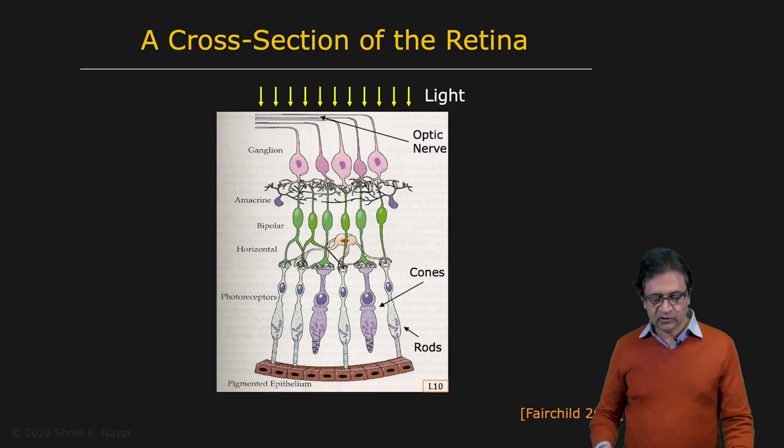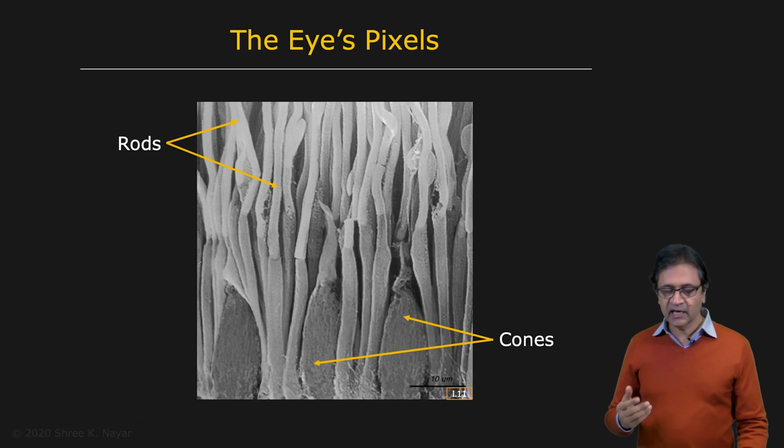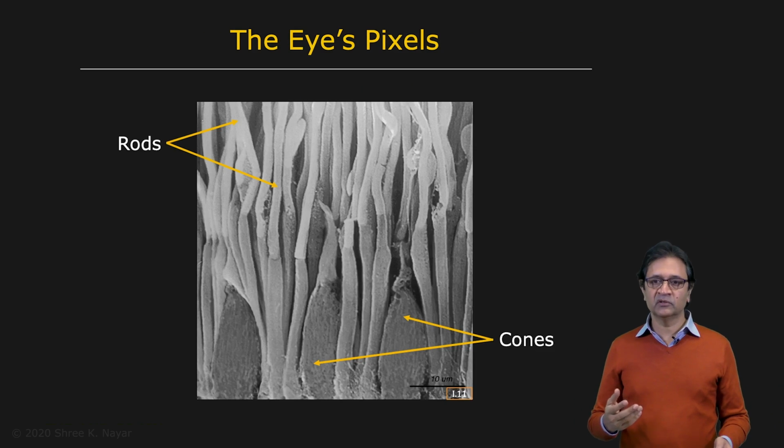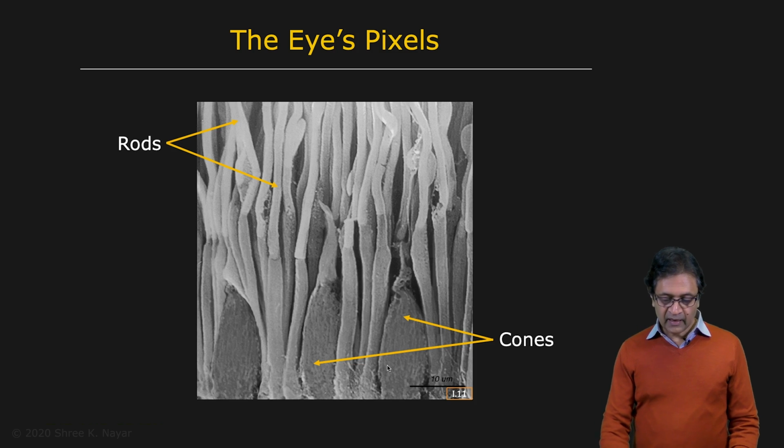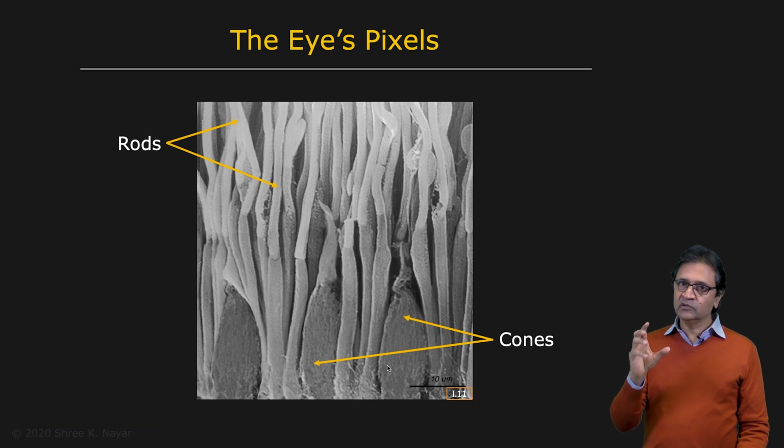Now let's come back to the rods and cones. So this is a scanning electron microscope image of rods and cones. You can see that the rods actually look like rods. They're cylindrical, more or less. And the cones look like cones, and that's why they're called so, right here. And they essentially do the same thing.